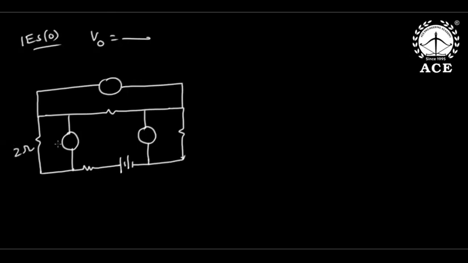This is 2 ohms, 2 ohms, 9 amperes, this is 5 amperes, this is 4 amperes, 2 ohms, 4 ohms, 40 volts. Chalo, my question is, what is this V naught? Quick, 1 minute. What is V naught?